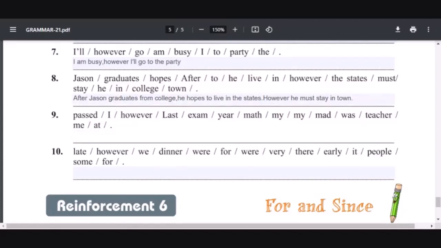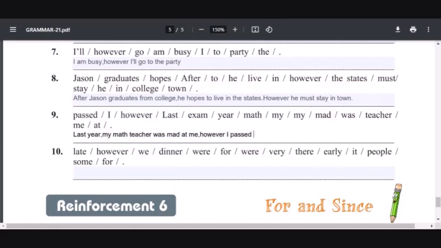We can say last year. Okay. Last year, my math teacher was mad at me. It's like angry. However, I passed the exam.